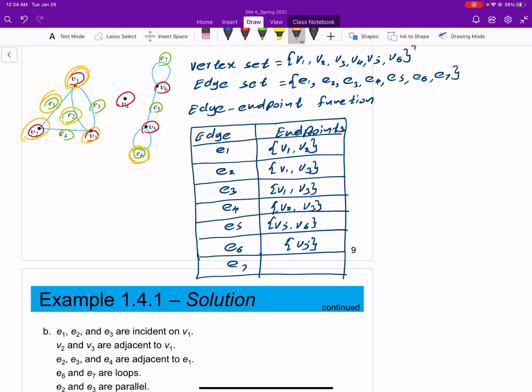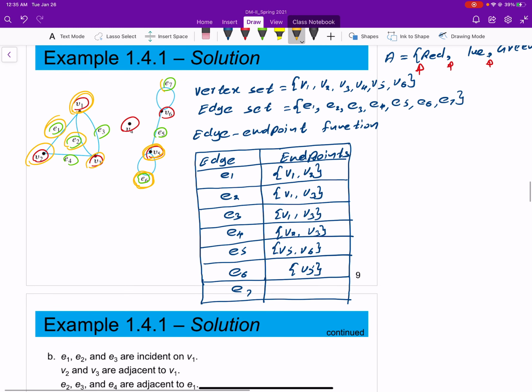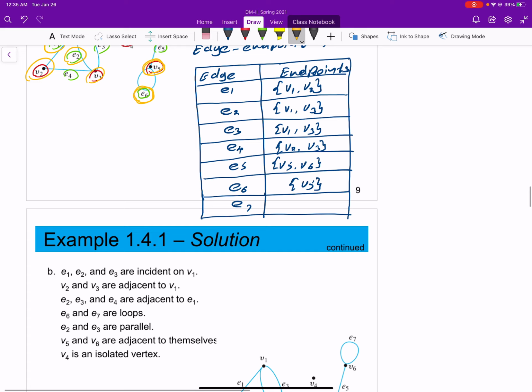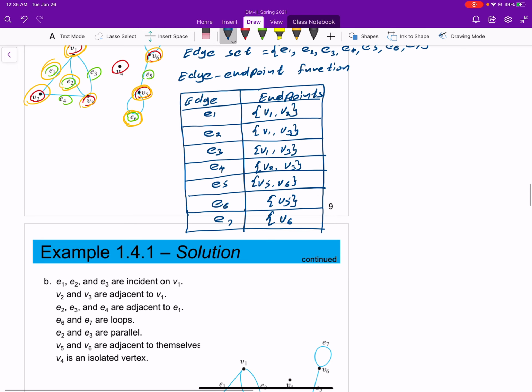You can see E6 is a loop, so it has only one endpoint, which is V5. Now go to E7. E7 is again a loop, so it has only one endpoint, which is V6. Even if it has one endpoint, you have to put the curly bracket, otherwise it is wrong. V6, right?